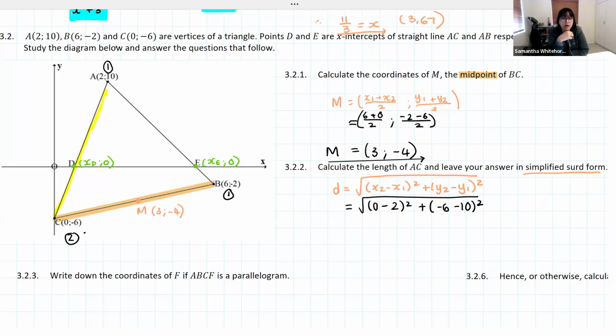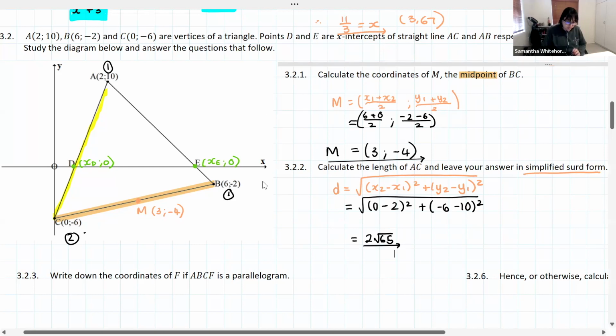If you'd done it the other way around, again, it doesn't matter. The other way around would be 2 minus 0 and 10 minus minus 6, or 10 plus 6. It gives you the same answer. Either way, you end up with 2 root 65 as your simplified answer. If you want to write units, sure, but we don't care.